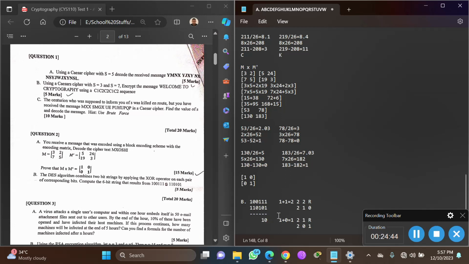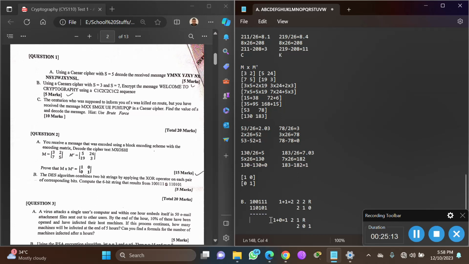Okay, then in conclusion, we can say that same numbers or same bits will be getting a 0, then different bits or different numbers will be getting a 1. So since 1 and the 1 are the same, we will get a 0 like that. So let me just remove this, then put everything in order.